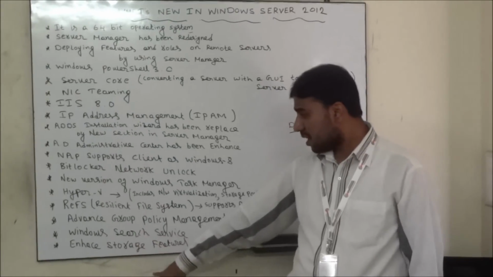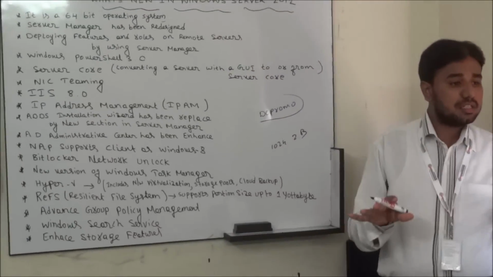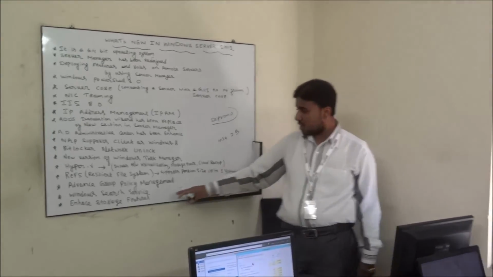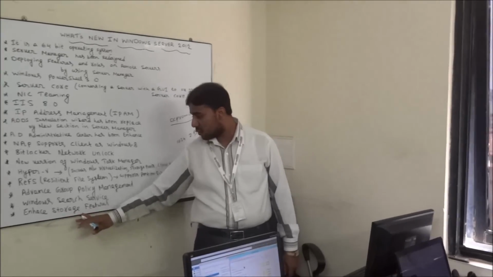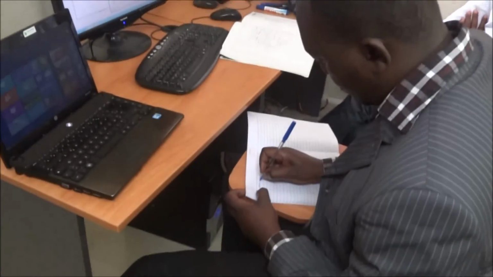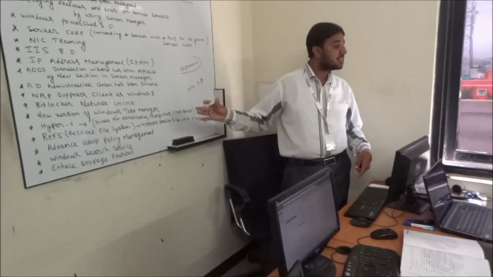Then the Windows search service, where I can search for all files, folders, data through the Windows search service, an advanced version of search. Then enhanced storage features: when you see disk management in Server 2012, it is totally changed compared to R2, and we have many more storage features like storage spaces.